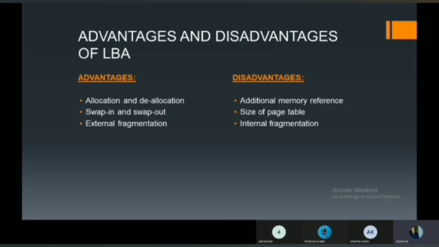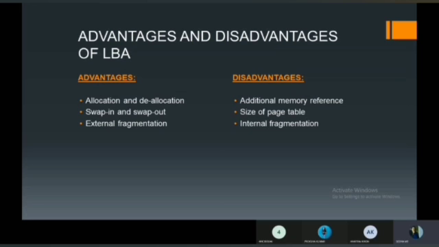Swap in and swap out operations are very fast, as the page size matches the disk block size, so data can be moved to and from the disk very easily. There is no external fragmentation, so each and every frame from the memory can be allocated to a process.